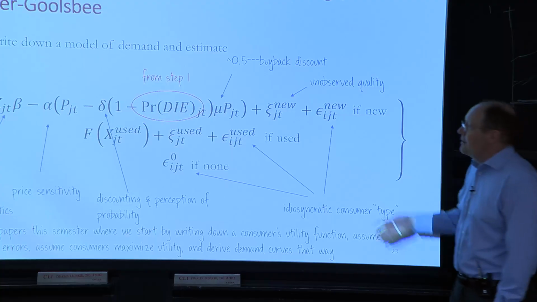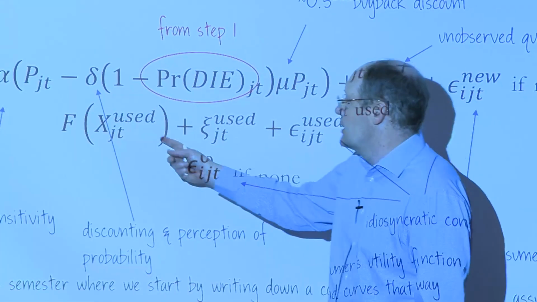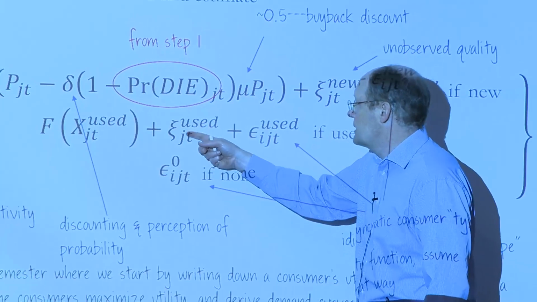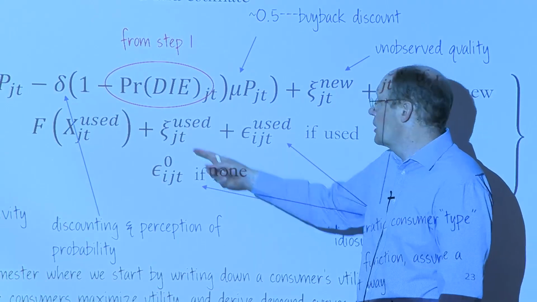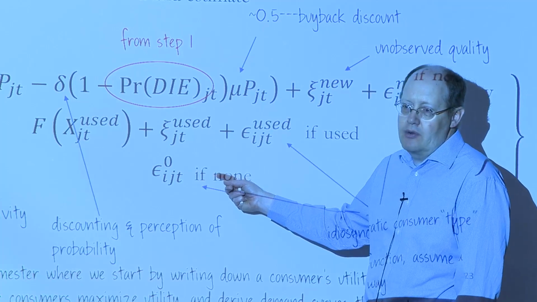Okay? So this would be my utility for buying a new book. Again, my utility for buying a used book is going to be some function of the book characteristics plus some unobserved quality of the used book plus this idiosyncratic reaction, and then I have an idiosyncratic utility for buying no book.